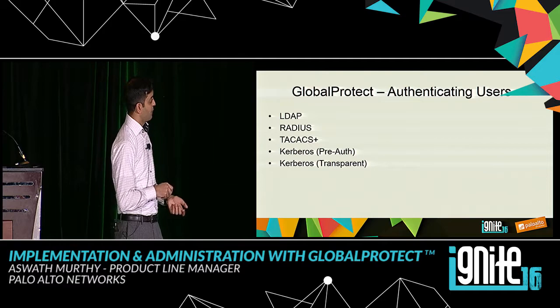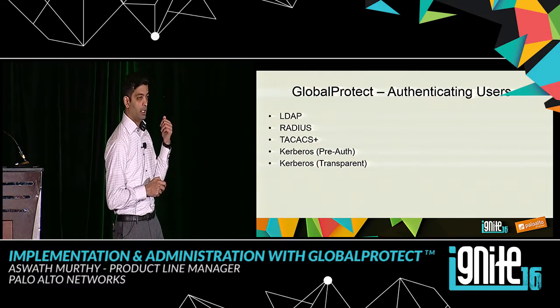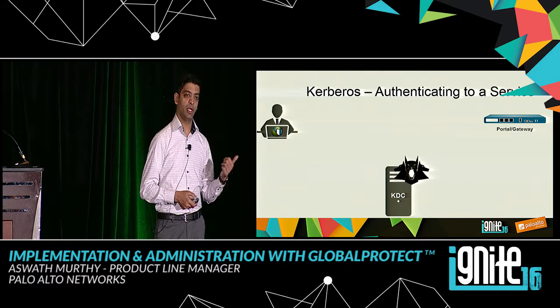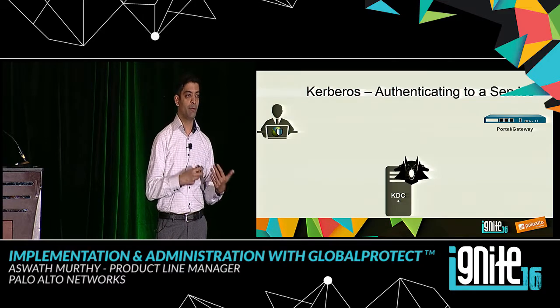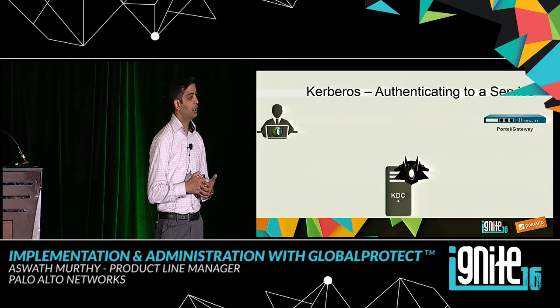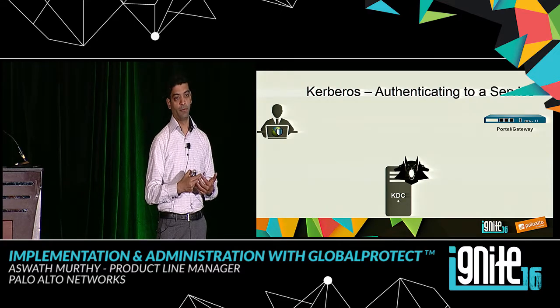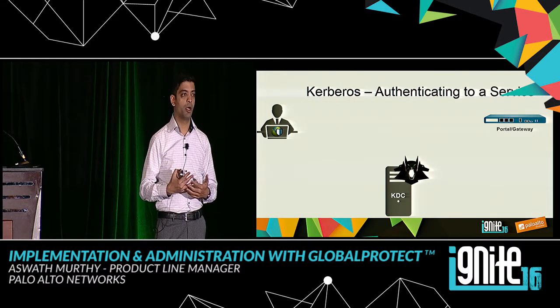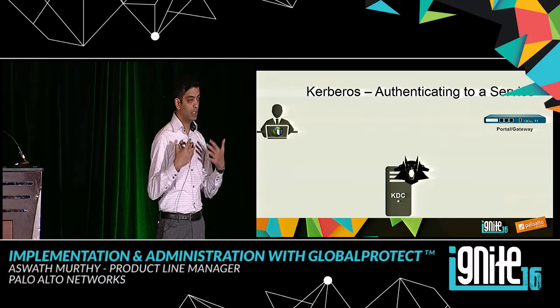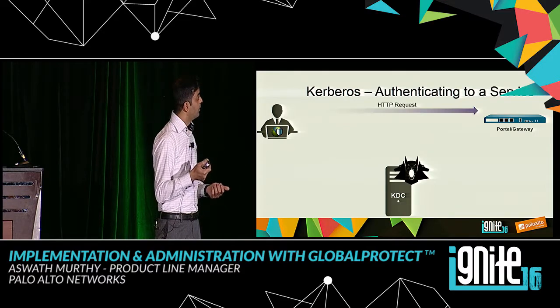To break down this transaction, what would actually happen in this case is very different from what you might be experiencing with GlobalProtect today. We'd expect the client to have authenticated, and we'd expect the client to already have a ticket granting ticket. So you've already talked to the KDC, you've gone through pre-auth, you have a TGT, and now what happens?